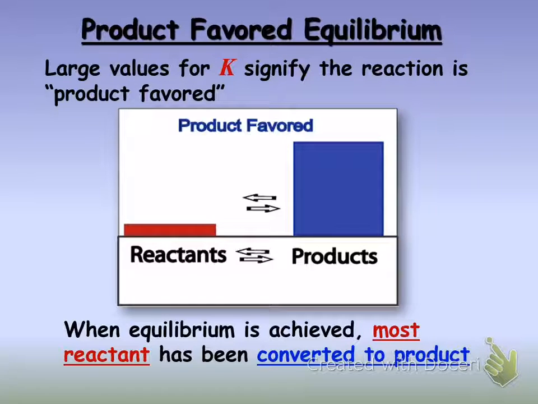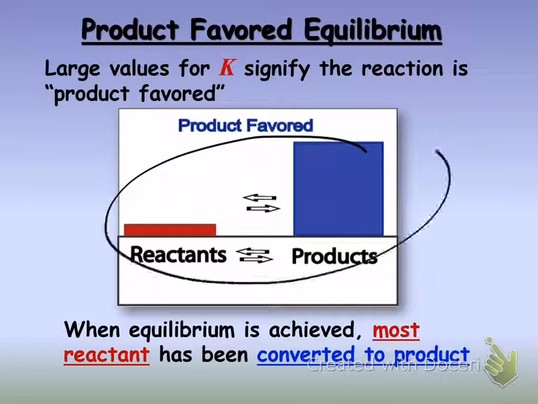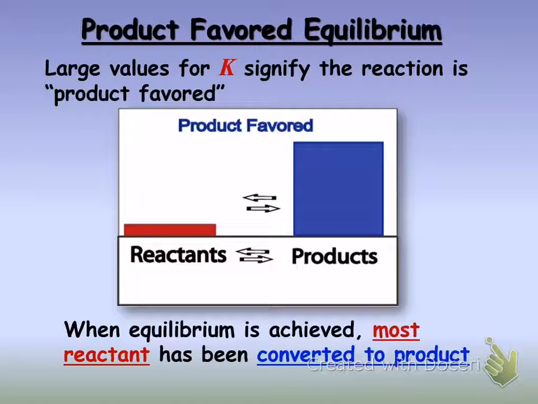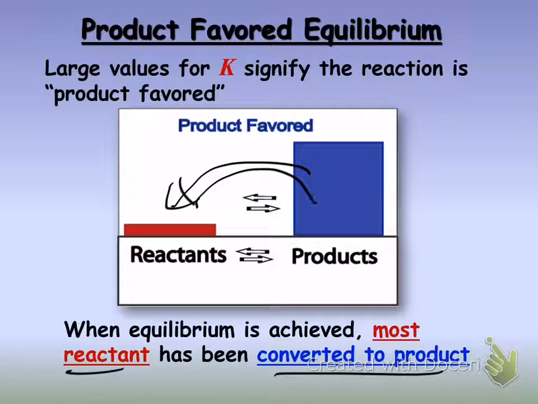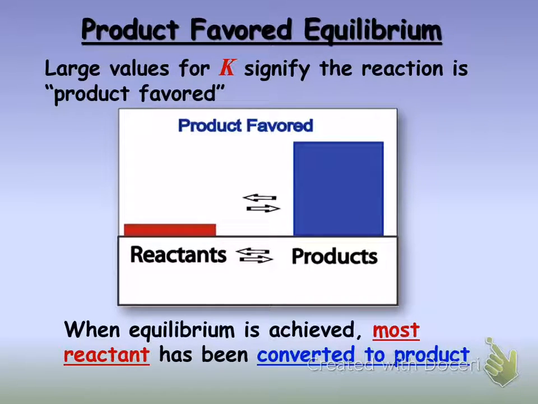And if you have a large K, as you can see in this graphical representation, more products are made. Most of the reactants have been converted to products. And then if you're at equilibrium, some go this way, and some go this way. But regardless, the amounts continue to stay like this.